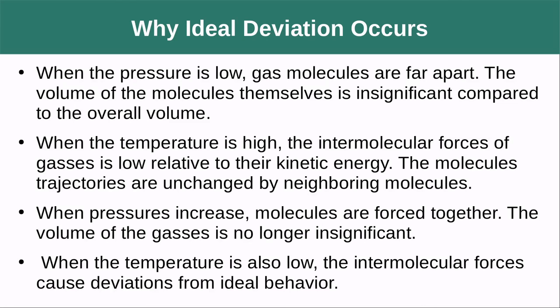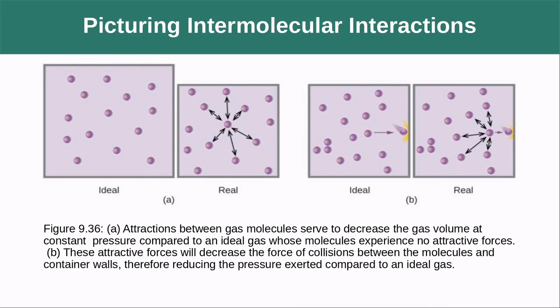When the temperature is low, intermolecular forces can cause deviations in the molecules' trajectories. We can picture that here. As we start to shove them together, we get all these interactions that are going to cause different trajectories for the gas molecules.